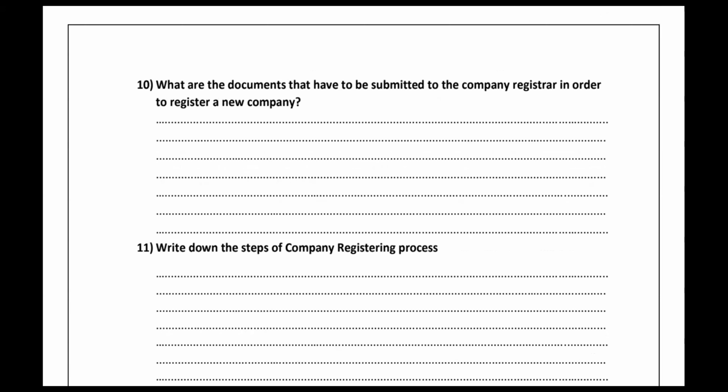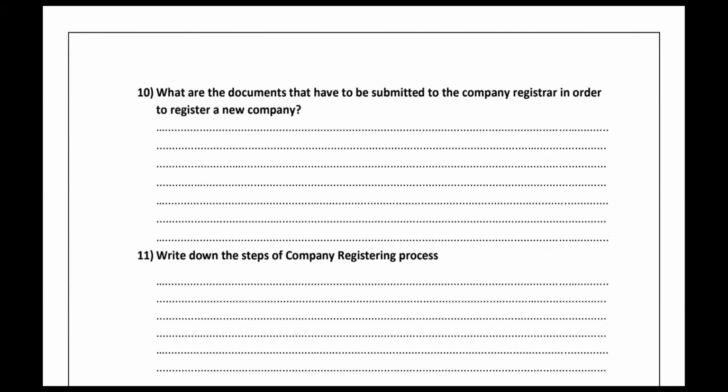Now see, they are asking what the documents are right now. Before going to the fifth point, I'll tell you what the documents are. So in question 10, you write the documents here and then we'll move to the fifth point.